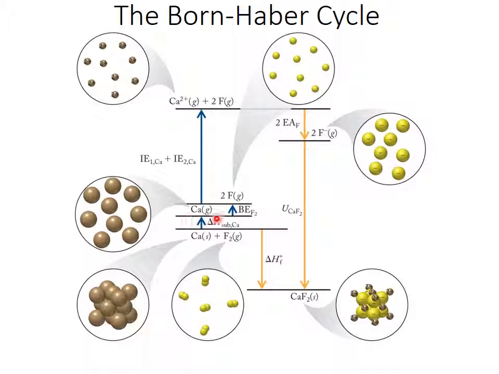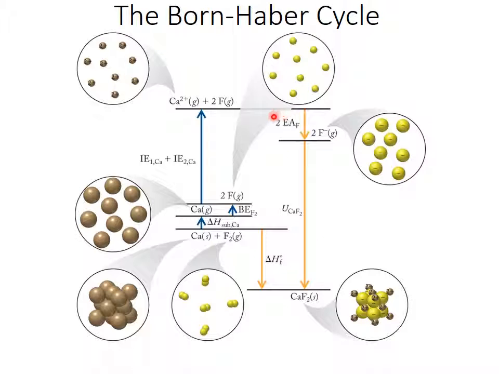We have the calcium in the gas phase, but now we need to ionize it. Calcium will form 2+ ions because it's in the second column of the s block. Each of those electrons we have to remove is associated with its own ionization potential. We'll need to add up both for this energy cost. Now those 2 moles of electrons released by the mole of calcium will then be absorbed by the 2 moles of fluorine atoms to make 2 moles of fluoride ions.